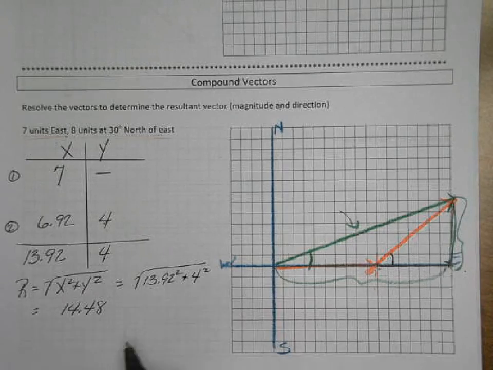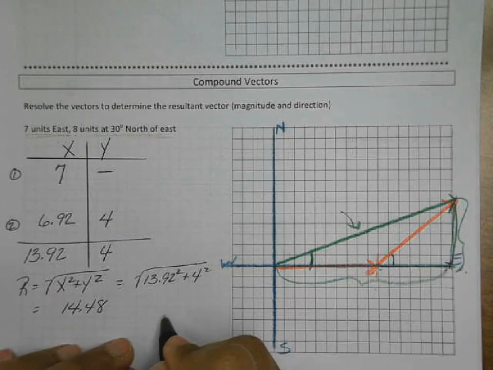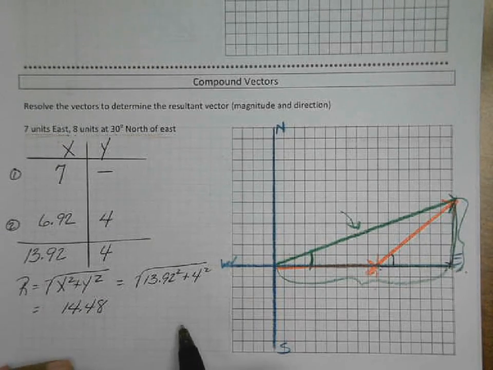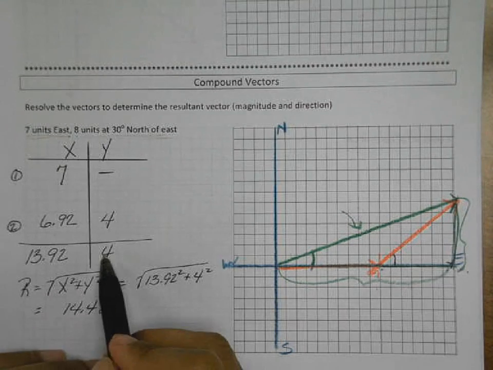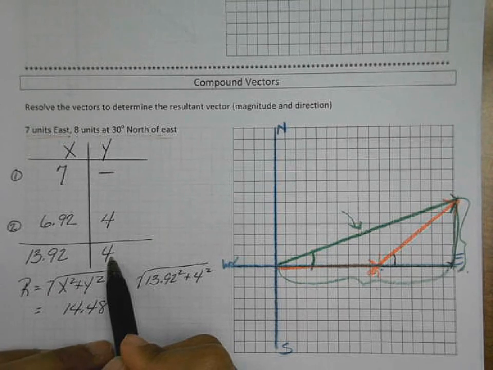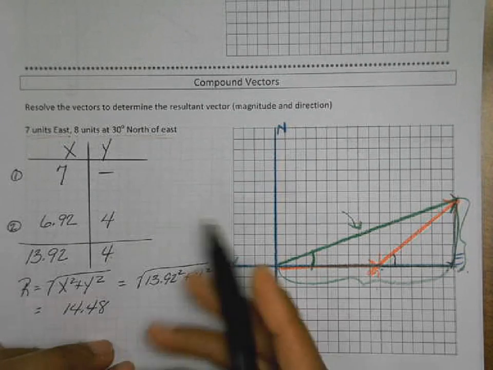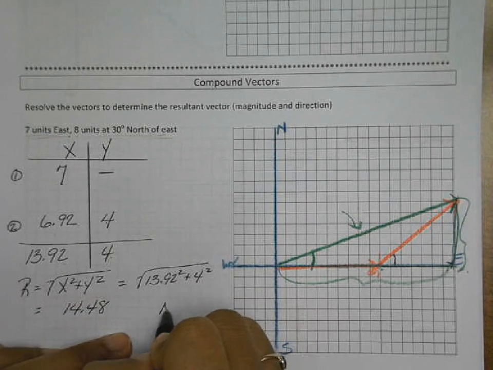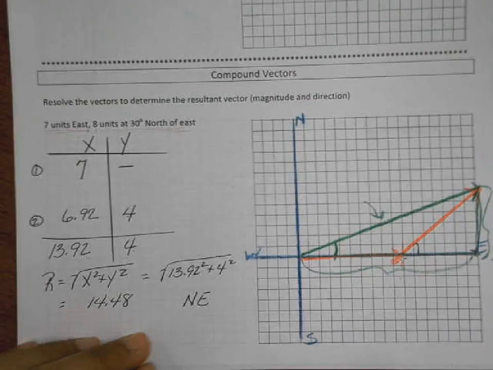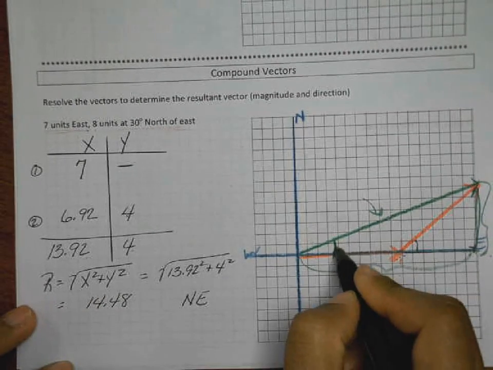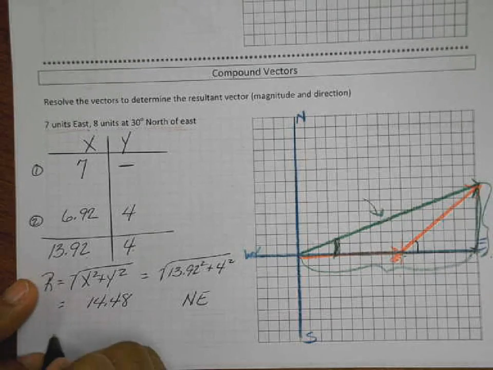So 13.92. And I already know that my direction is north of east. How do I know? Because y is positive, that's north, and x is positive, and that's east. So I already know I'm north of east. I need to figure out the new angle. What's that new angle? And again, we did this on Wednesday.